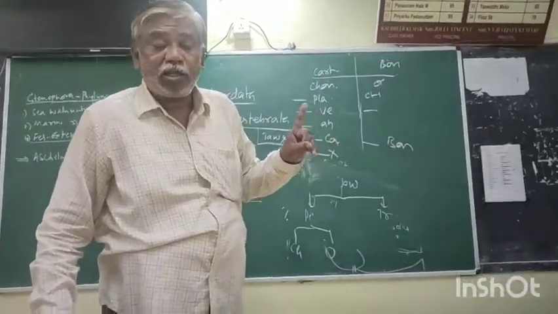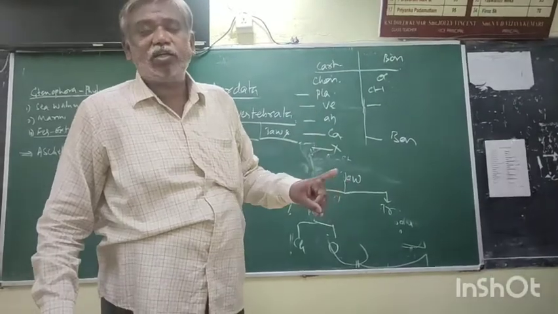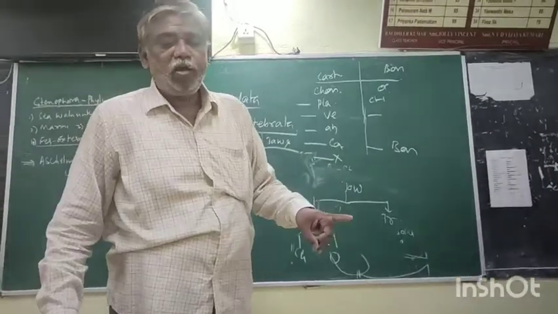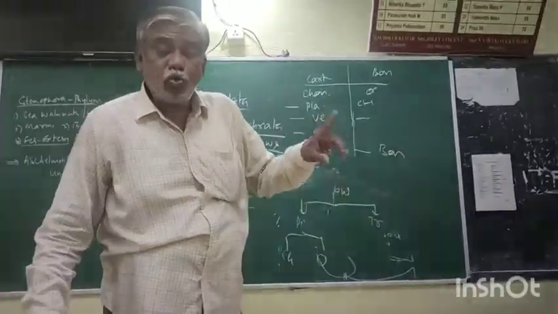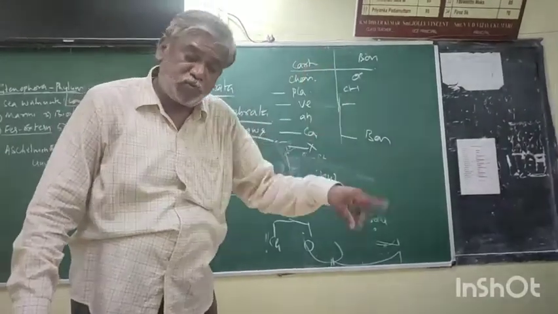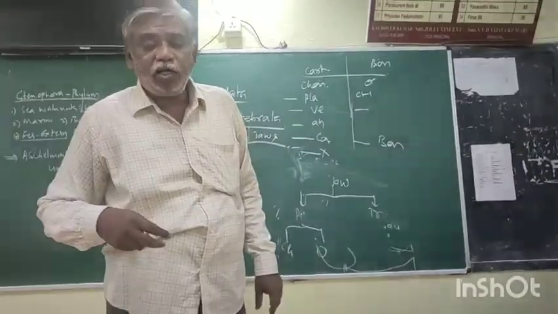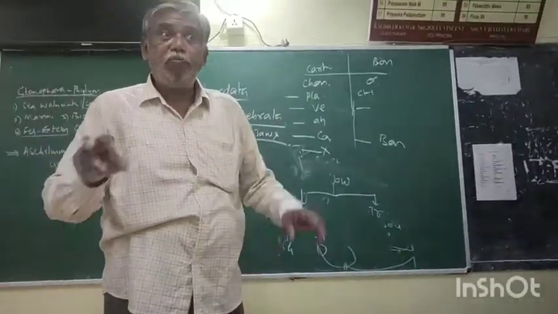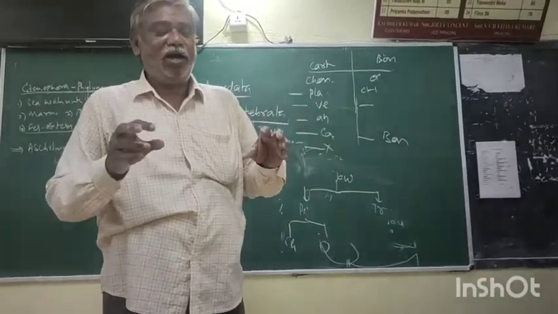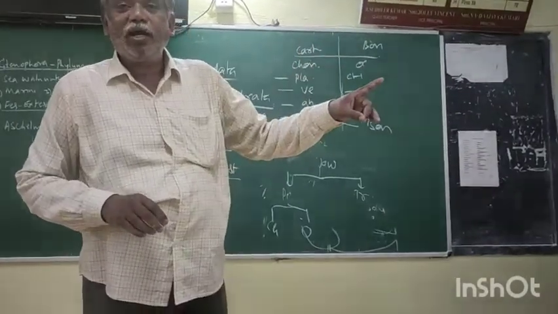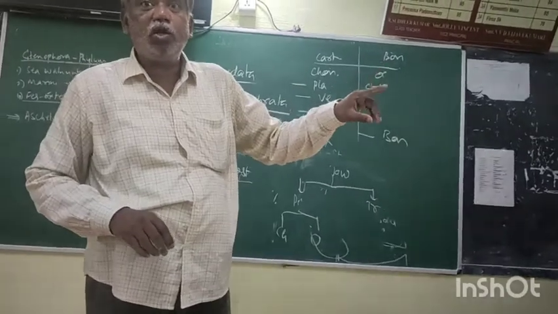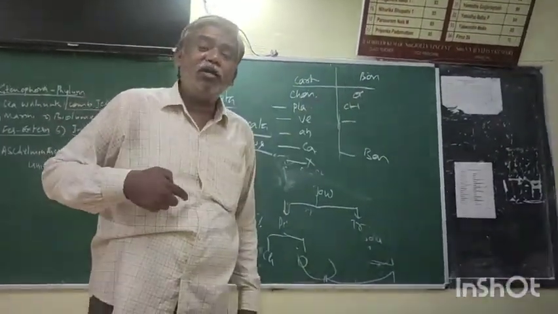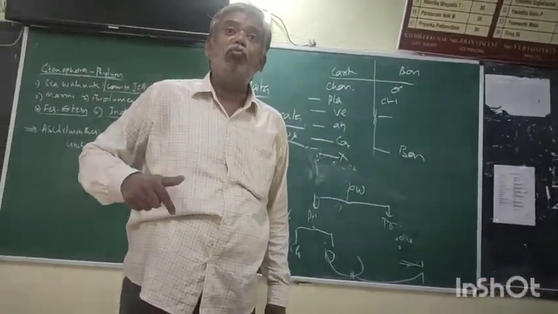In the amphibians, the frog's excretion is also by kidney, and the kidney unit of frog is also nephron. Our kidney unit is also nephron. But what is the difference? The nephron of amphibians is without loop of Henle. Our nephron is with loop of Henle.